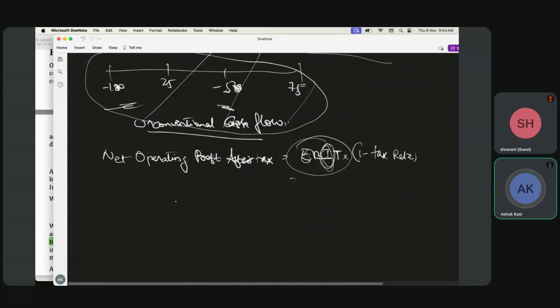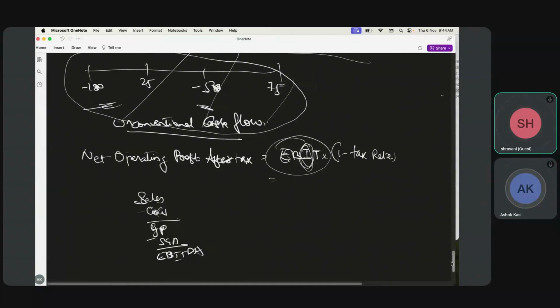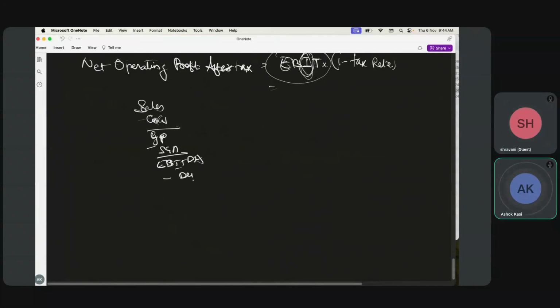See, normally you remember what we do: revenue or sales minus cost of goods sold, then we get gross profit, minus sales and general administration expenses, EBITDA, minus depreciation, EBIT, minus interest, this is how we do, no?